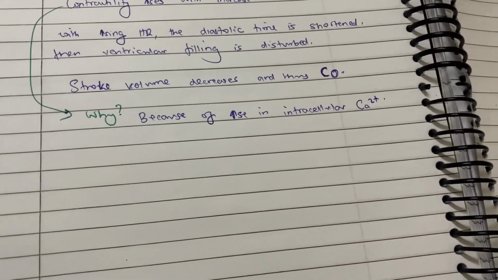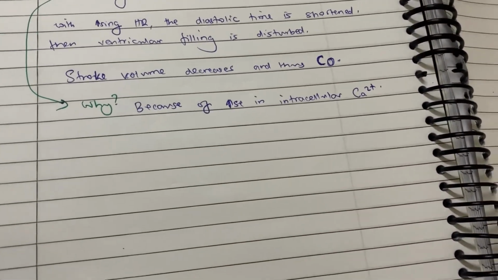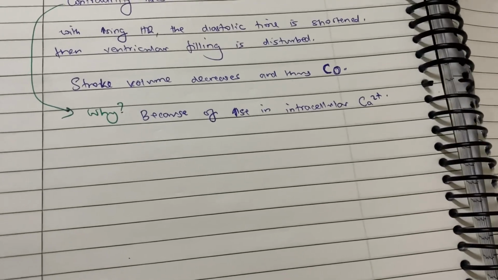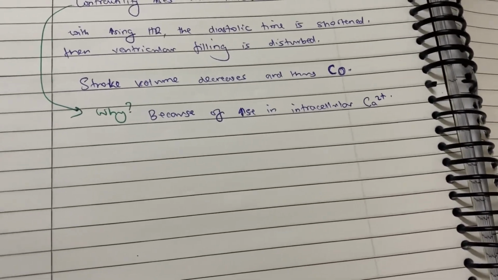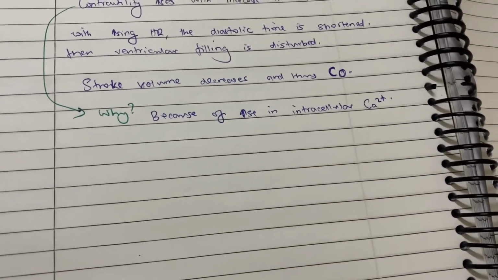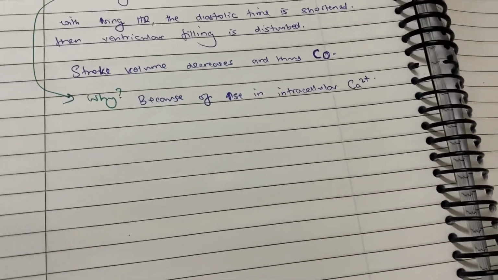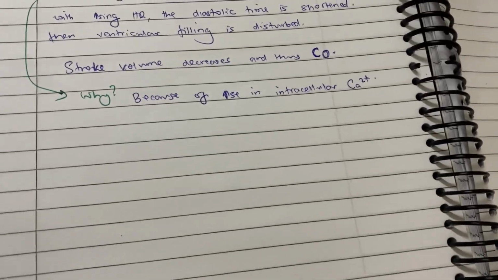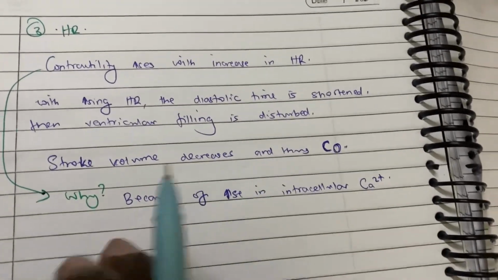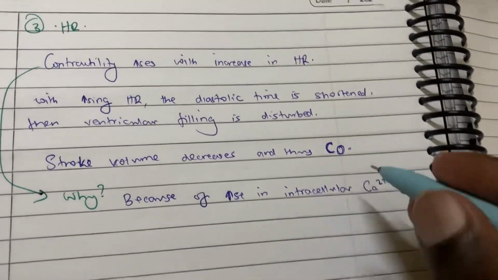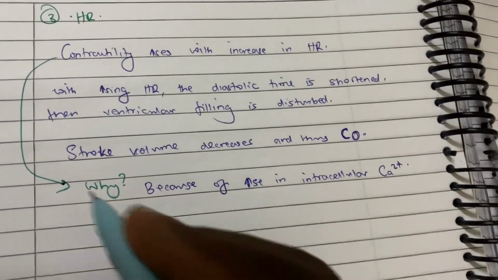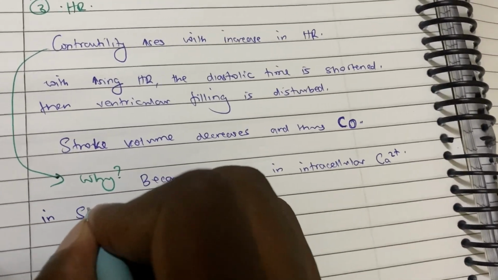And that is what hypercalcemia can cause. Hypercalcemia can cause a very tetanic myocardium. It stays in systole and fails to relax. We don't want that. So when increasing intracellular calcium, more importantly, in the sarcoplasmic reticulum.